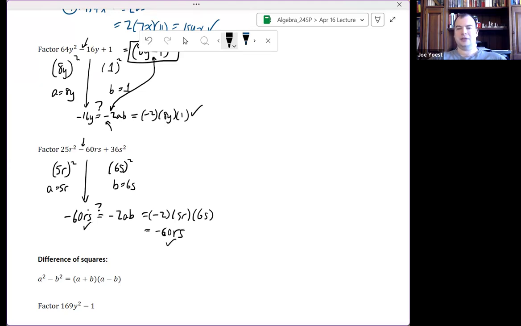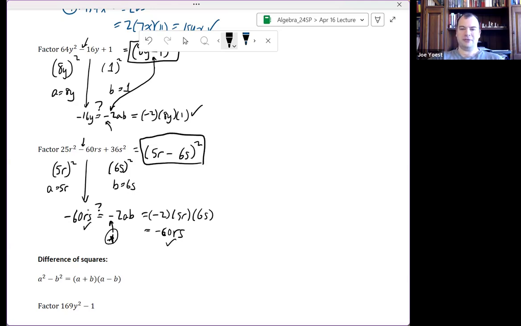And yes, that does match. Since that cross term matches, I do have a perfect square trinomial. I had to use the negative 2ab option, so this is going to give me a minus b, 5r minus 6s, all squared.